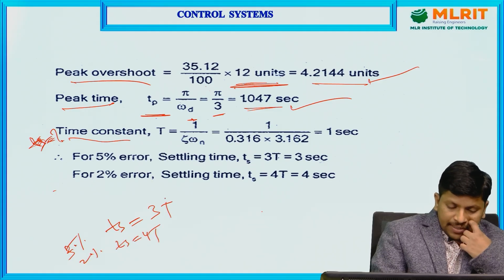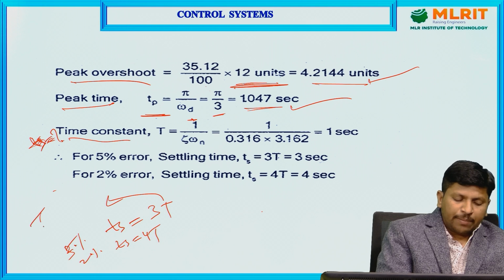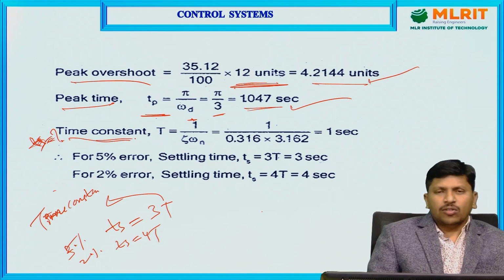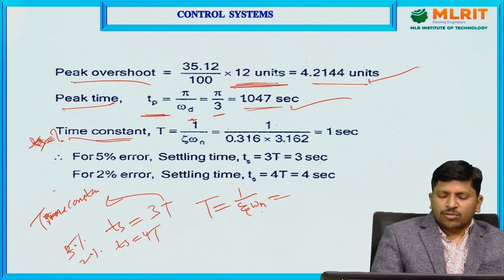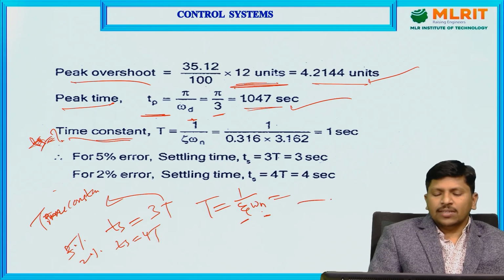Where T is nothing but the time constant. The formula is T equals 1 by zeta omega n. Substituting the zeta and omega n values, you will get the time constant as 1 second.